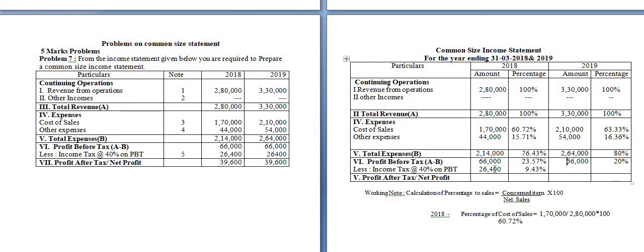Okay. Next one, find out the income tax for the year 2019. Same, because the profit before tax for 2019 is also the same.